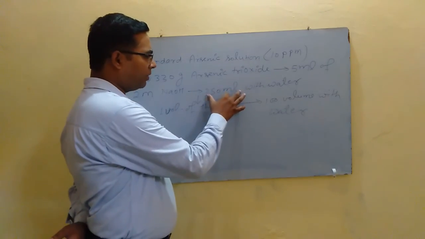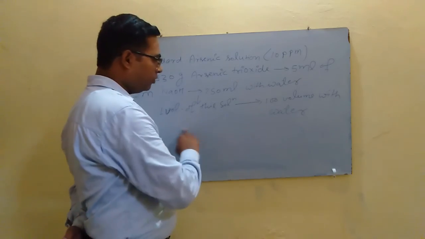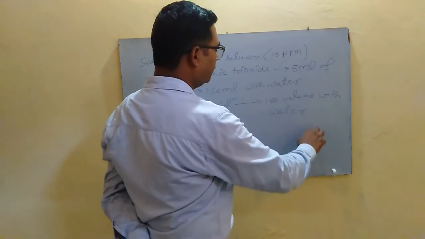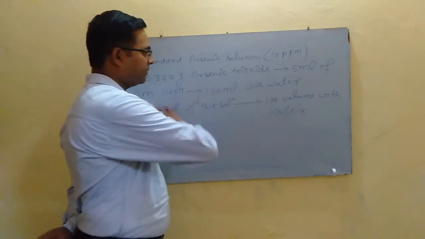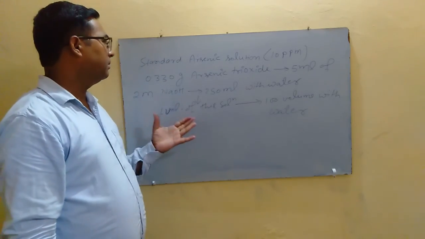One volume of this solution is taken and diluted up to 100 volumes with water. So this is the procedure for the preparation of 10 ppm standard arsenic solution.